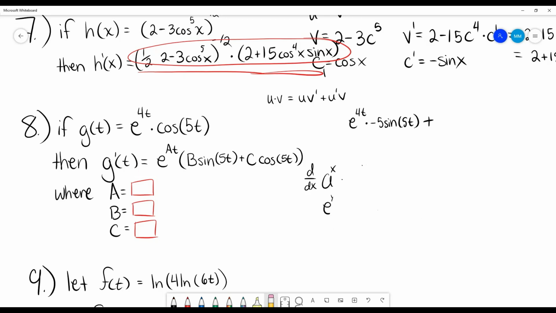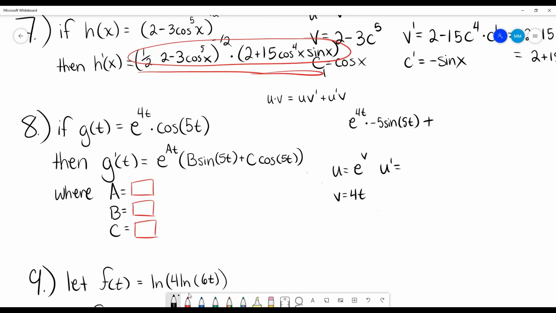So now the derivative of e to the x is itself, but this isn't just e to the x or e to the t, it's e to the 4t, which means that this is our inside here. So our outside in this case is u equals e to the v, and v equals 4t.